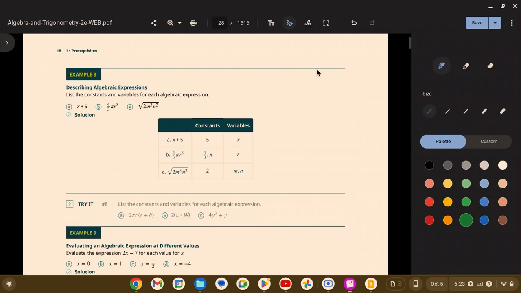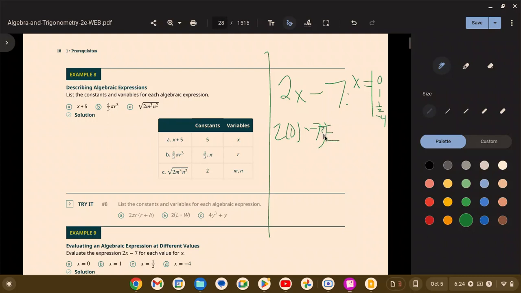Evaluate the expression 2x minus 7 for each value for x. Okay, I'm going to do it up here. So 2x, where x equals 0, 1, 1/2, and -4. So 2 times 0 minus 7 equals, well, that's 0 minus 7 equals -7.